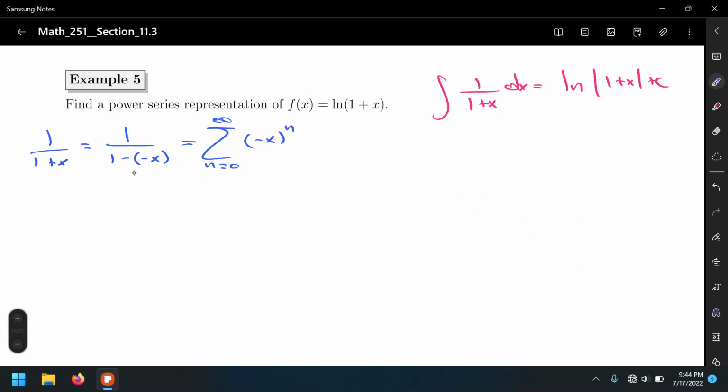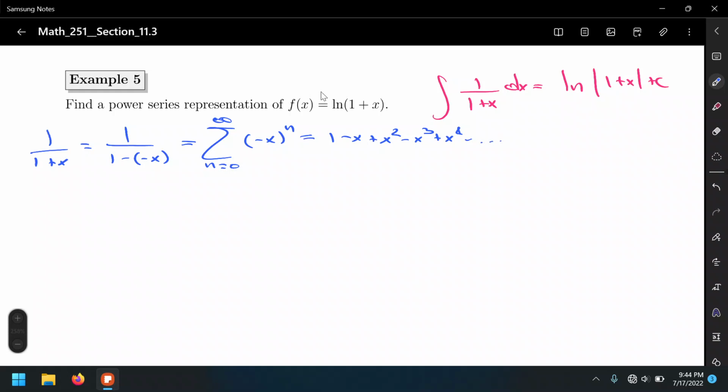So this is the same as saying u equals negative x, 1 over 1 minus u, and here we have sigma n equals 0 to infinity of u to the n, where u is negative x. So if we expand this a few terms, 1 minus x plus x squared minus x cubed plus x to the 4th, it's an alternating series, so minus dot dot dot goes on forever.